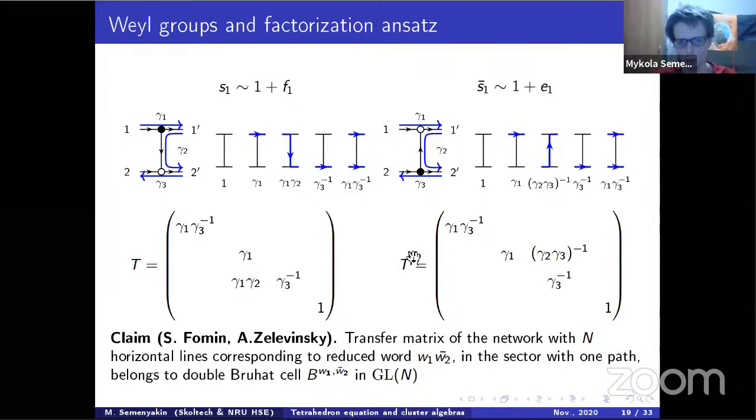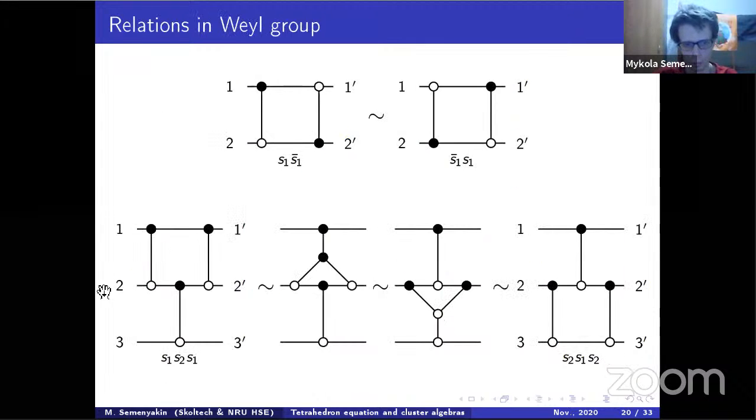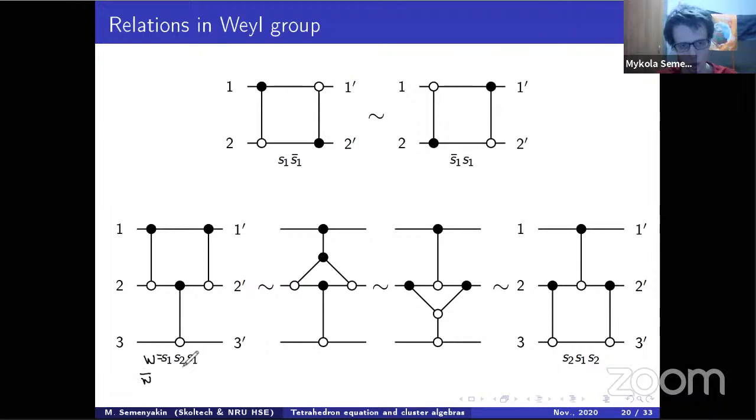This is a word, for example, here W, in this example, W is equal to S1, S2, S1, and W bar is equal to, say, identity. This is a trivial word. And this word is just some rule how we write this network. So we have lines 1, 2. So if we put black to white here, we put S1 here.